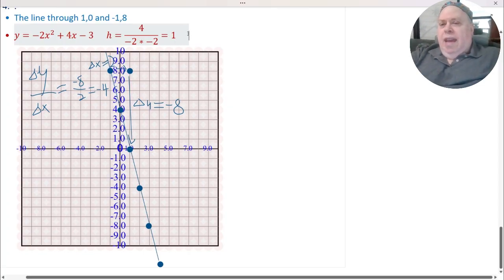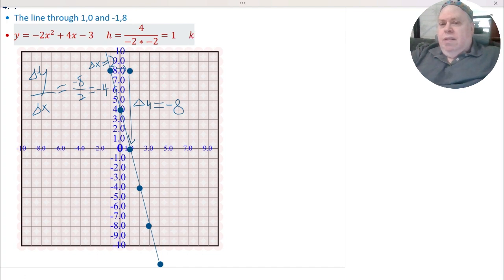Then we have k, which is we plug 1 into the quadratic. So k equals negative 2 times 1 squared plus 4 times 1 minus 3, which equals minus 1.